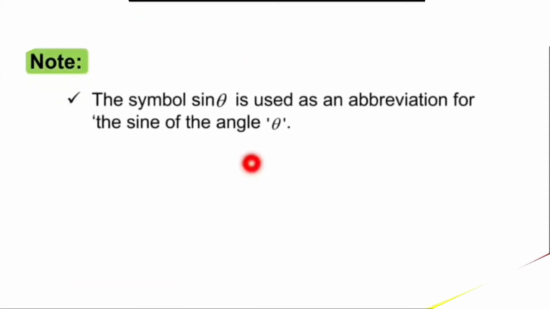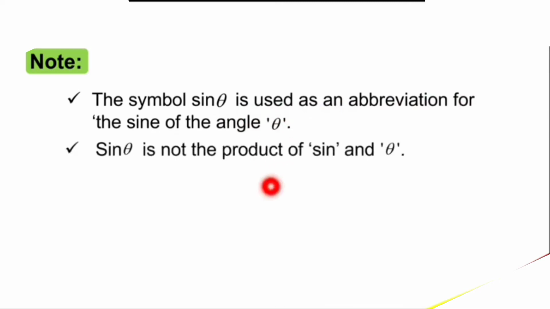Note, children, the symbol sine theta is used as an abbreviation for the sine of the angle theta. Next, sine theta is not the product of sine and theta. It means sine theta is not equal to sine into theta.